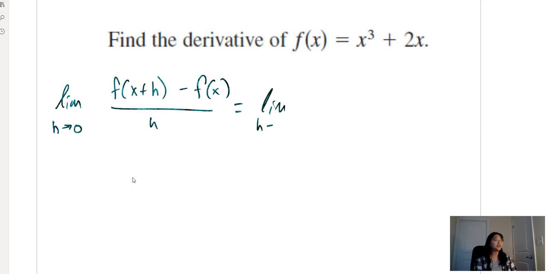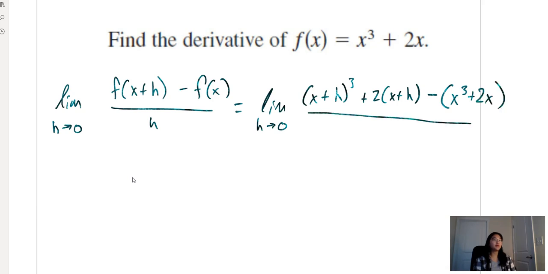Limit as h approaches 0 of (x plus h) cubed plus 2(x plus h) minus, and I'm going to put parentheses because that's responsible, x cubed plus 2x, and this is all over h.